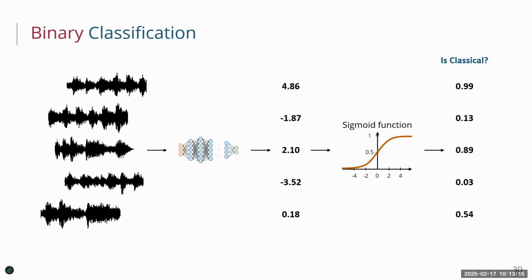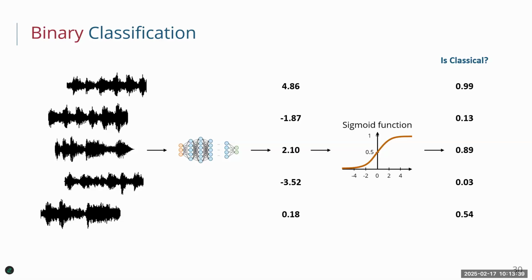Any clue? Just do thresholding. What should the threshold be with these numbers?